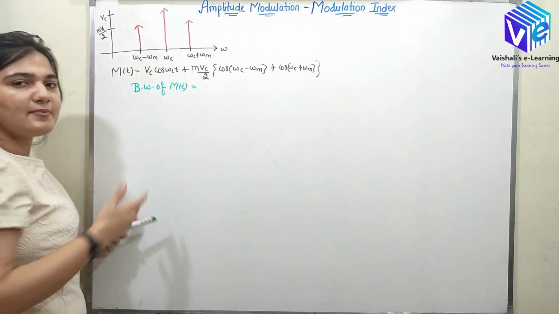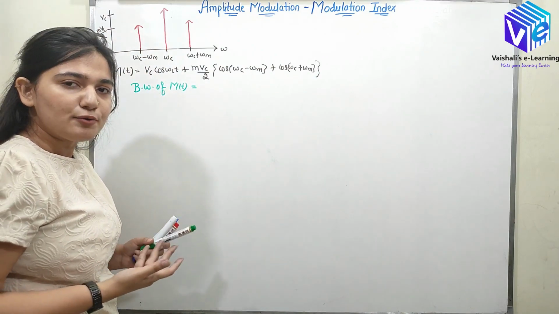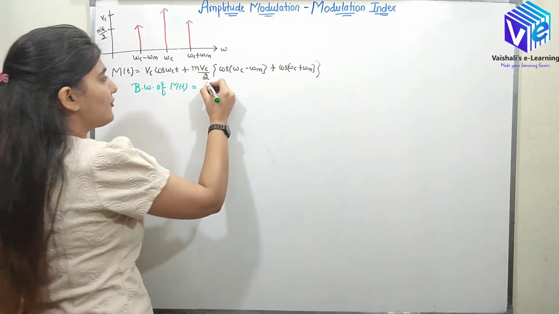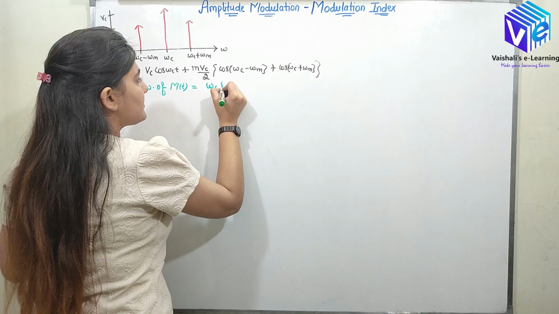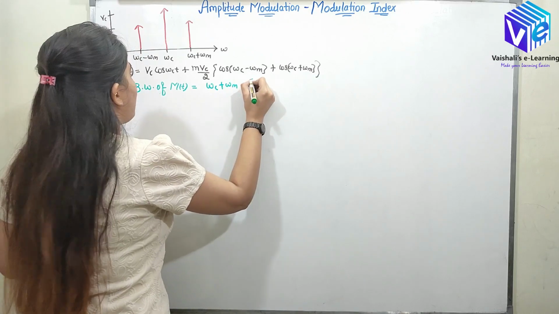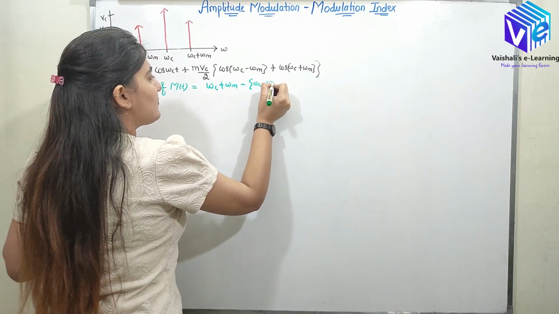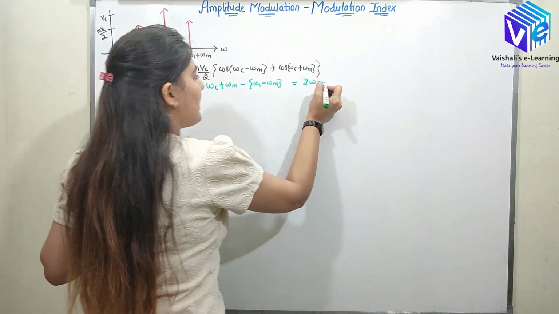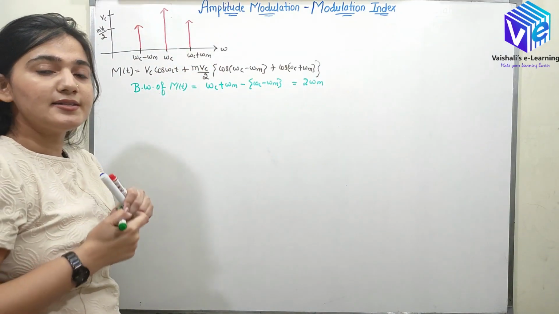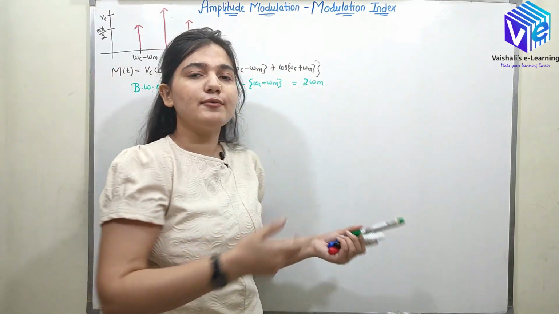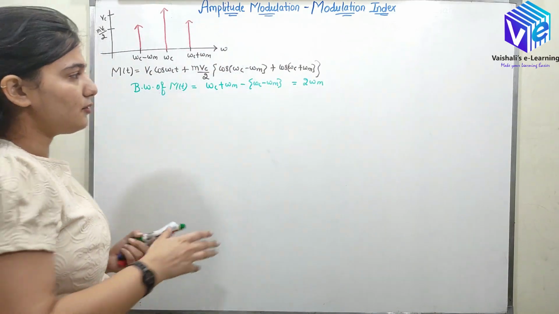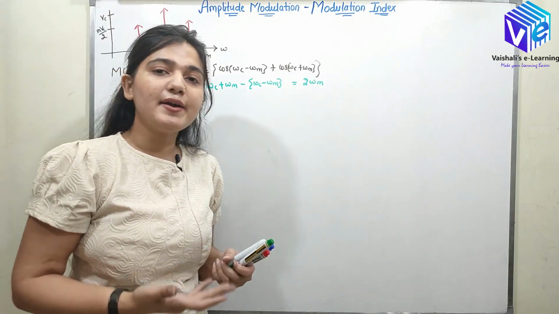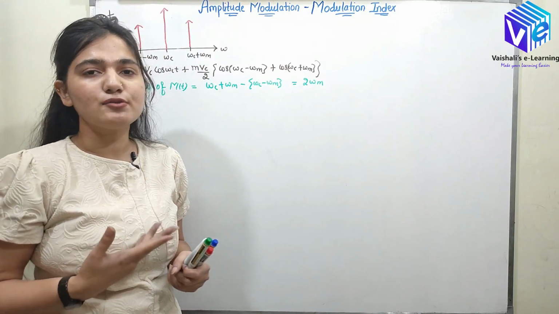So bandwidth is the higher frequency minus the lower frequency: omega c plus omega m minus omega c minus omega m, which is 2 omega m. So the bandwidth is twice the frequency of the message signal.